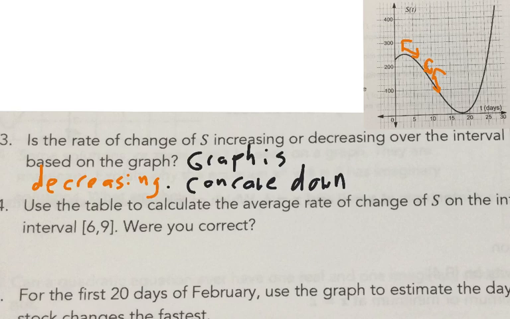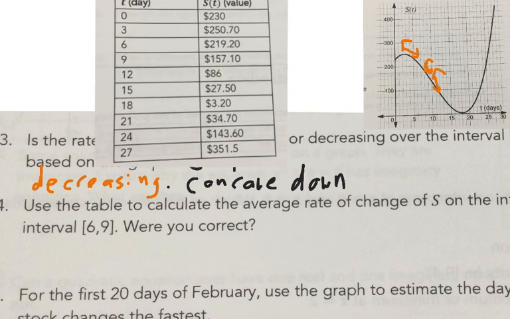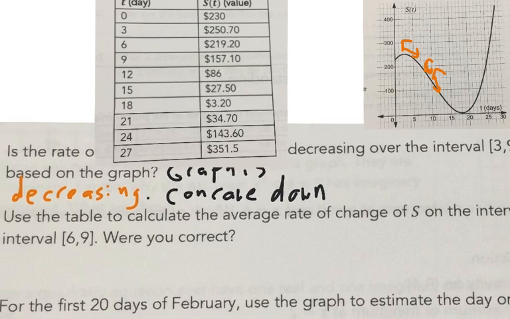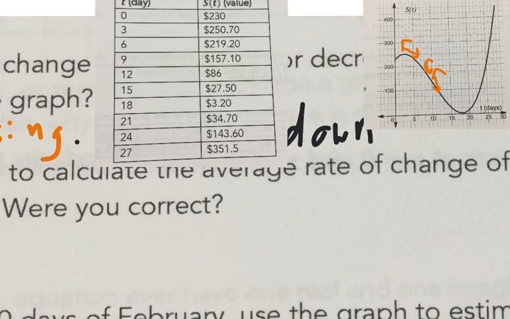When you think rate of change, you should be thinking slope. So if I'm finding the average rate of change, and they give me the start point and the end point, from 3 to 6, I'm finding the rate of change, the slope, between 3 and 6.